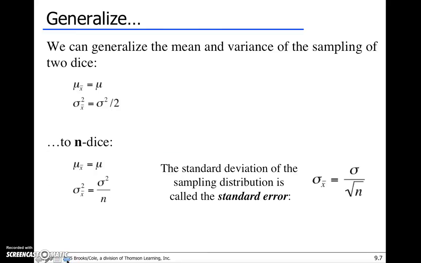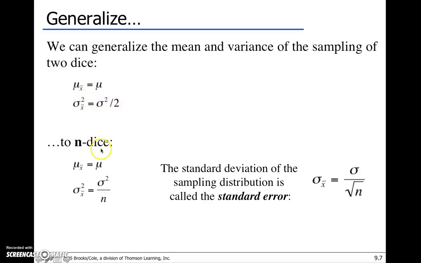And you'll see generally what's happening. We can generalize the mean and variance of the sampling of 2 dice. Mu of x bar is equal to mu, and the variance of x bar is sigma squared over 2.